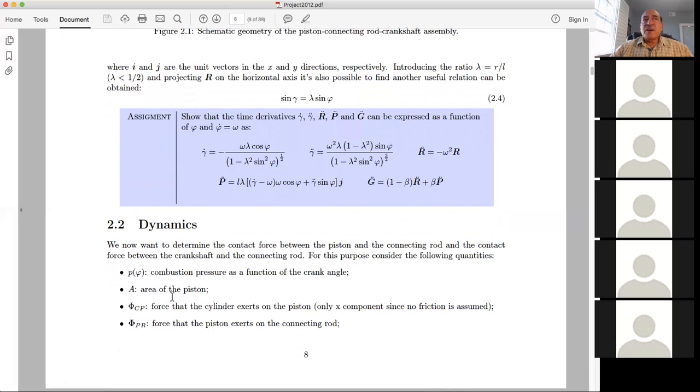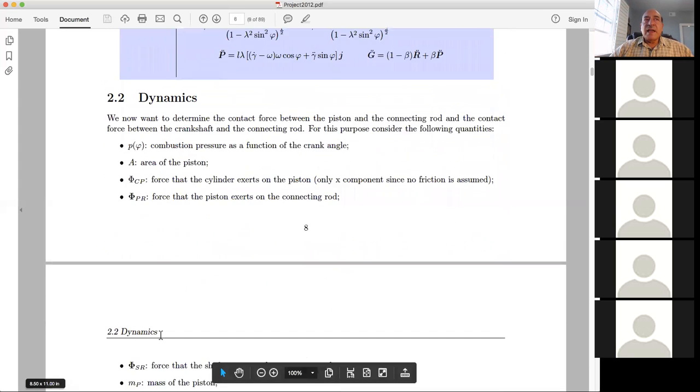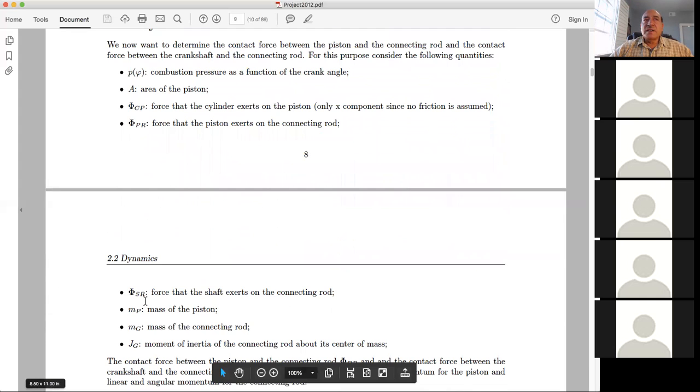So now capital phi is a notation for forces. Capital phi, C on P, is the cylinder on the piston, which is the X component because it's sideways. And P on R is the piston pushing the connecting rod. And S on R is the shaft pushing the connecting rod.